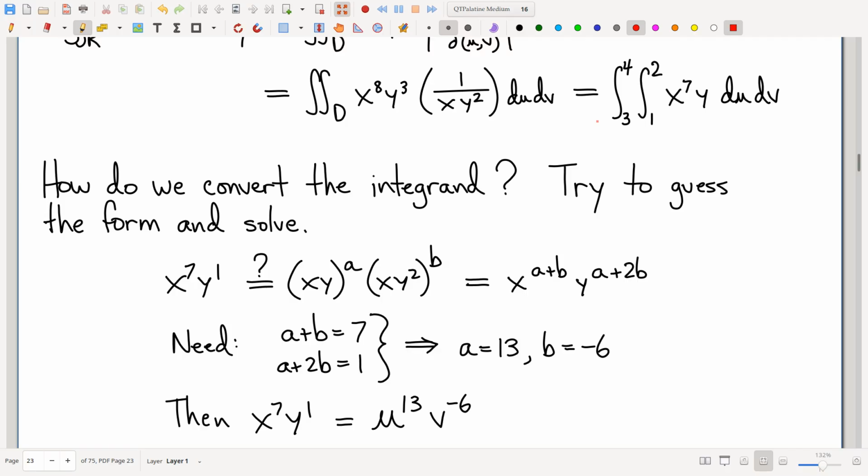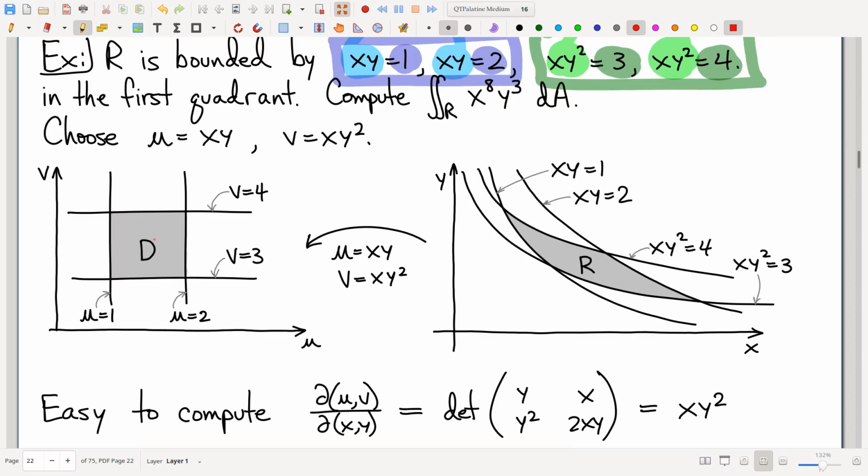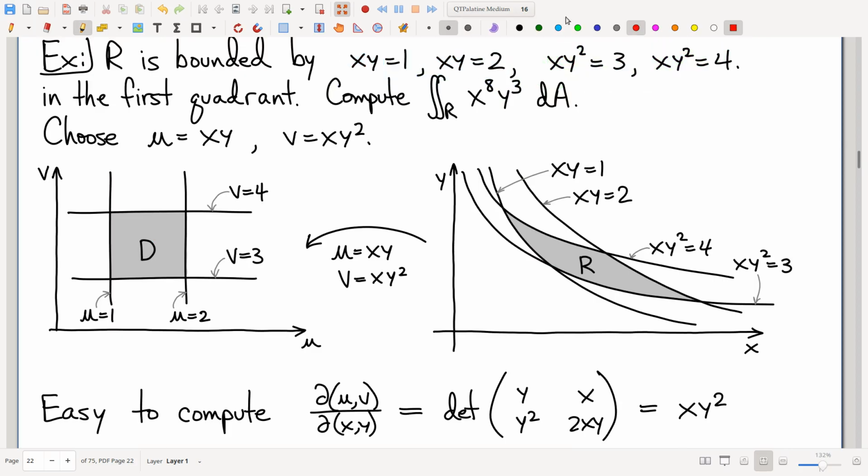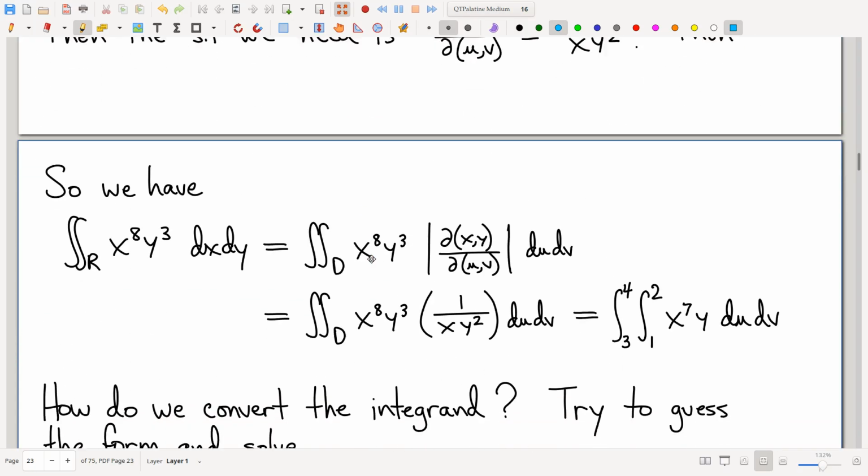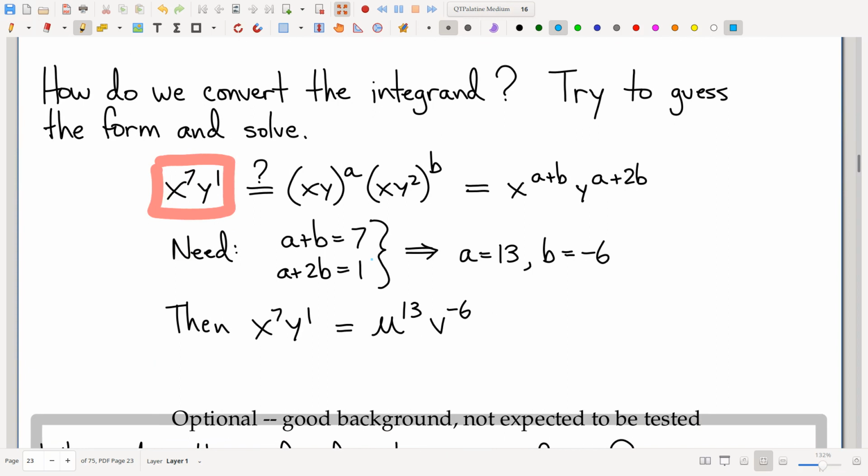Let's see. Here's what I'm going to argue in this case, and every example is different. What we have here is a product of powers of x and y. I need to rewrite that in terms of u and v. Hey, wait a minute. u and v are products of powers of x and y. So ultimately, I need to figure out how to rewrite a product of powers of x and y in terms of products of powers of x and y.